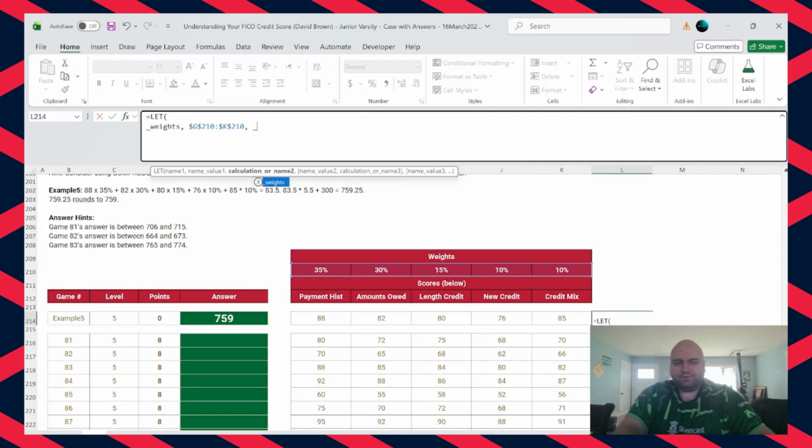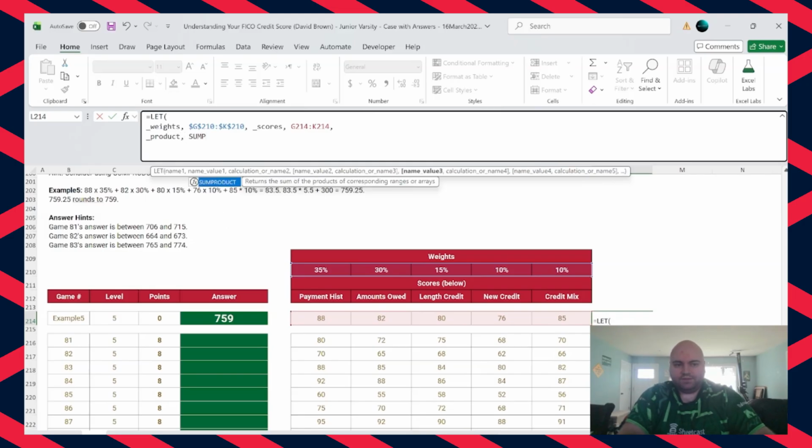Similarly, our scores are these values. And I do want this to be relative to where the formula lives because we'll be going down the line. It gives us explicit instructions to get the sum product, so I'll just call this product, and we'll do the SUMPRODUCT of weights and scores. And what else does it want us to do?